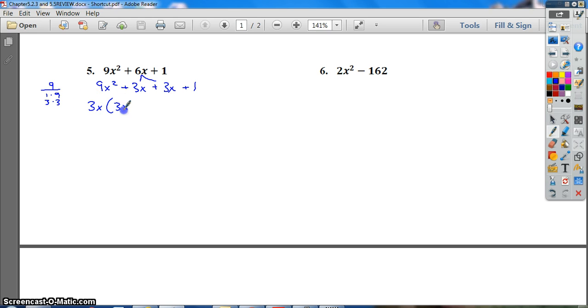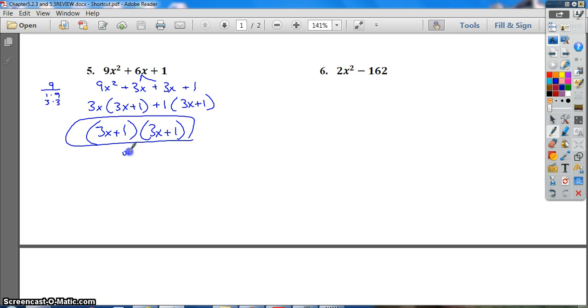Pull out a 3x here, you'll be left with 3x plus 1. If you pull out a GCF of 1, it doesn't change anything, still 3x plus 1. So 3x plus 1 times 3x plus 1. You are always welcome to write that as 3x plus 1 all squared.